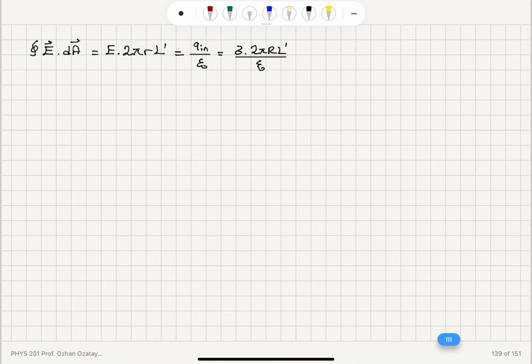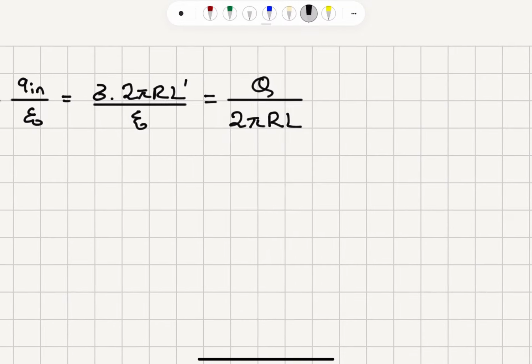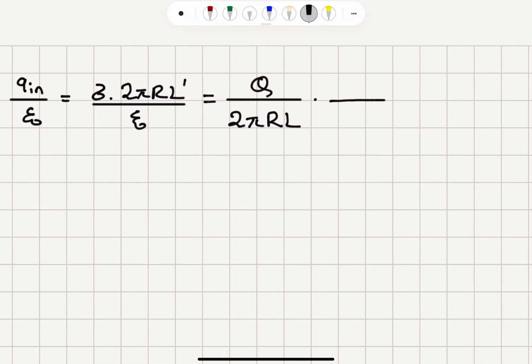So it is the surface charge density, which is the total charge Q divided by the total surface area 2 pi R capital L, and multiplied by the area of the portion enclosed by the Gaussian cylinder 2 pi capital R L prime over epsilon 0.